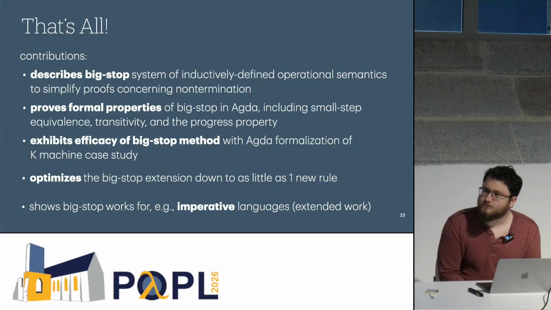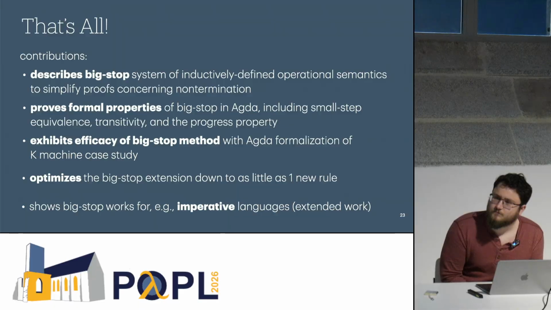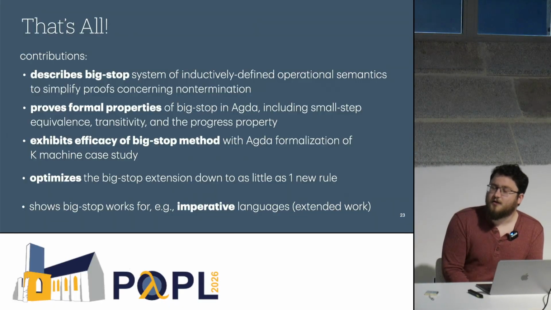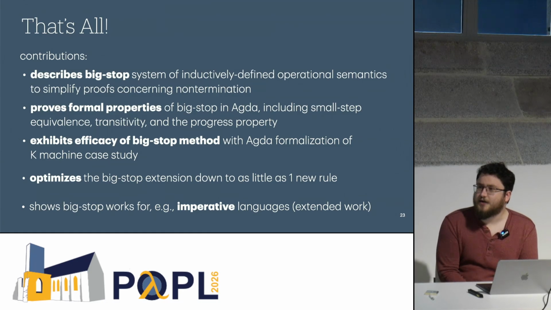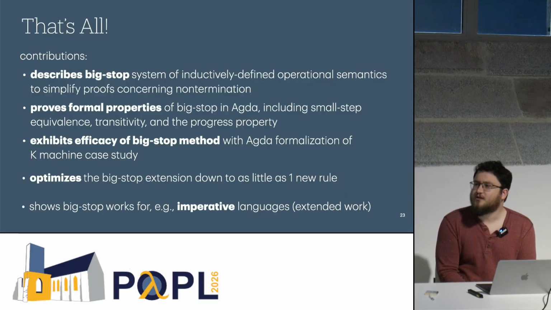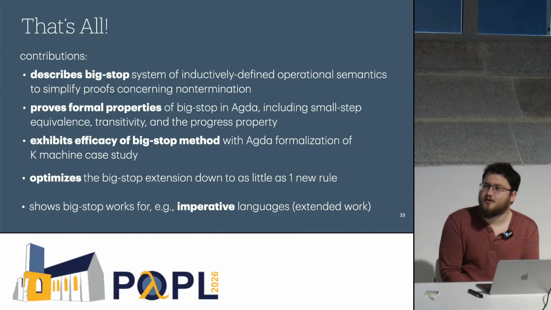Hello, thank you for the talk. I'm wondering if you lose inversion and if that makes any proofs harder with big stop semantics. I'm sure that there are some proofs that end up being more difficult, but a lot of the proofs that one might be interested in, I keep thinking of type preservation, for example, tend to just follow more easily if we use a big step style approach.